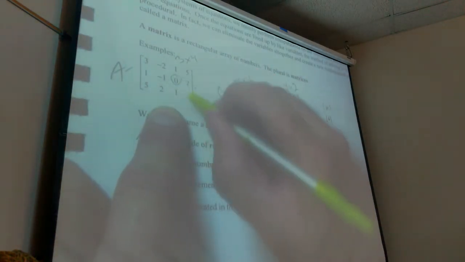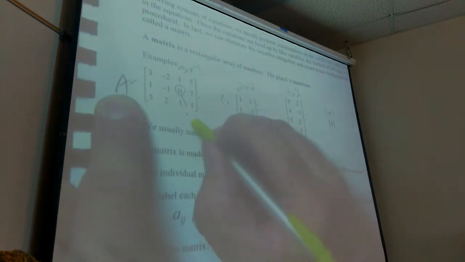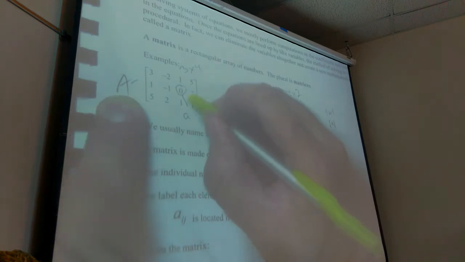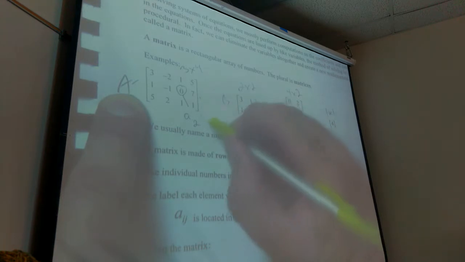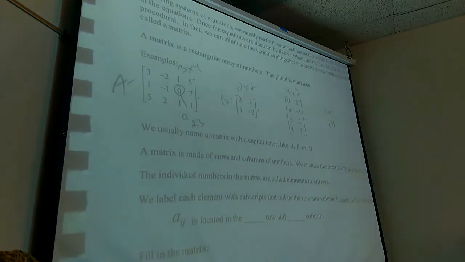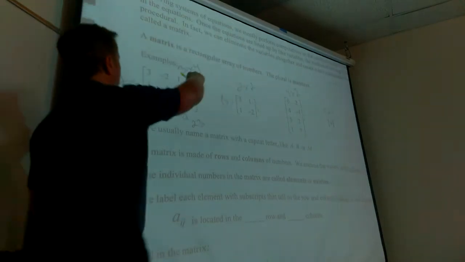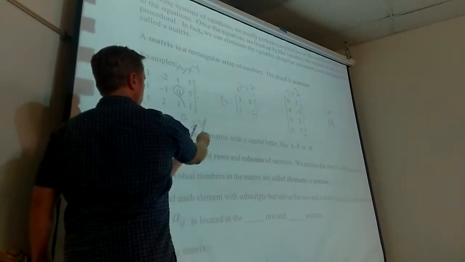So this element right here, and this is matrix A, so let me give it little a's. This will be a what? What row is that in? Second row. What column is that in? 3. So that would be element a23. It's a lot like latitude and longitude, really. You're just locating where something is. Where is that element? Second row, third column.